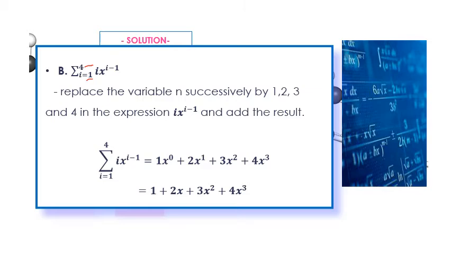So we have 1x raised to 0 plus 2x raised to 1 plus 3x squared plus 4x cubed. If we perform the mathematical operations here, we have 1 plus 2x plus 3x squared plus 4x cubed. And this now will be our final answer.